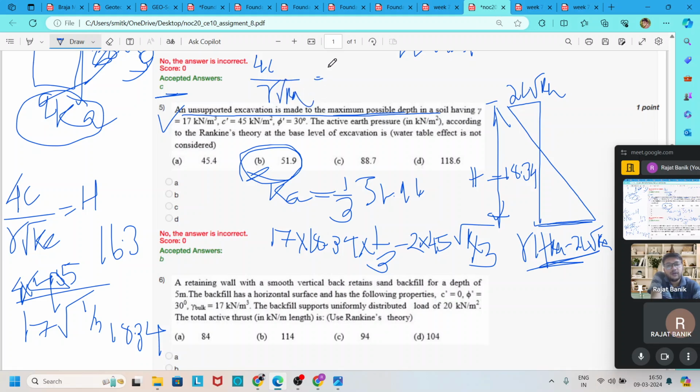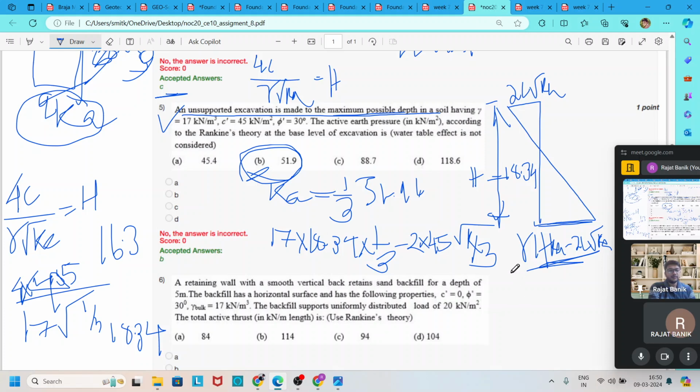By this formula we find out the height of this excavation, and it is said that at the bottom of this excavation level we find out the active earth pressure.